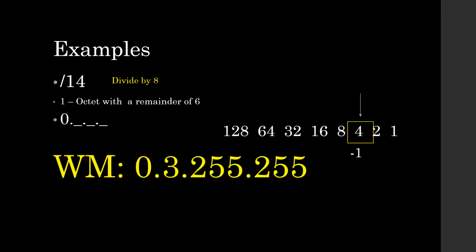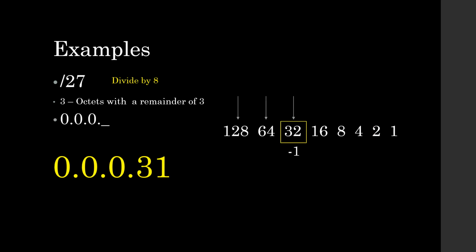Therefore, our wildcard mask is 0.3.255.255. That's just how we get the wildcard mask of a network, or rather of a subnet mask.